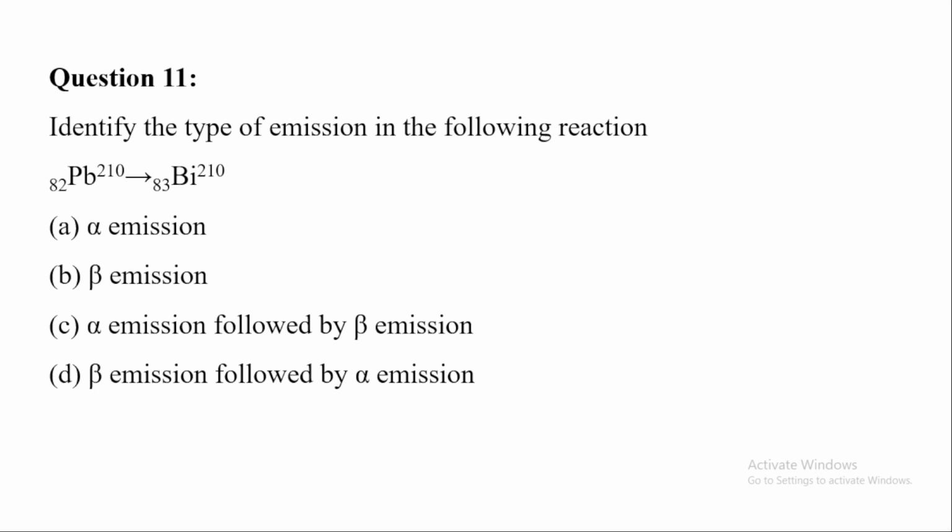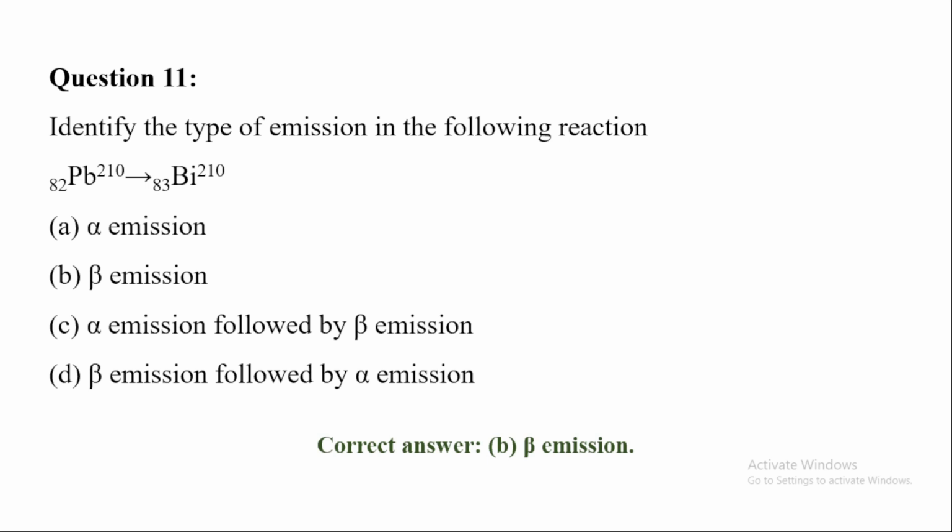The atomic number is nothing but the number of protons. So if an electron is released, the atomic number will increase. If one beta emission is happening, the atomic number will increase by 1. So this is a beta emission. The answer is option B.